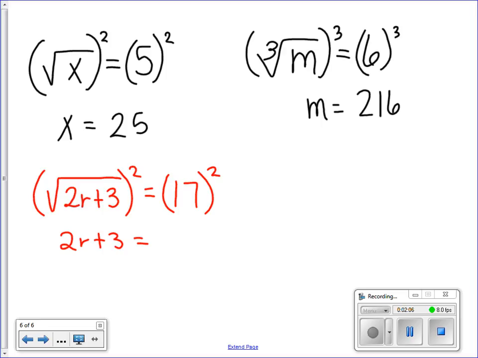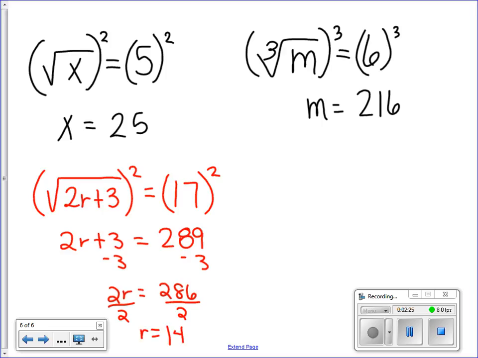Okay, what is it? It is 289. And then what happens? 286 divided by 2 is 143. Okay? Great. Easy enough, right?